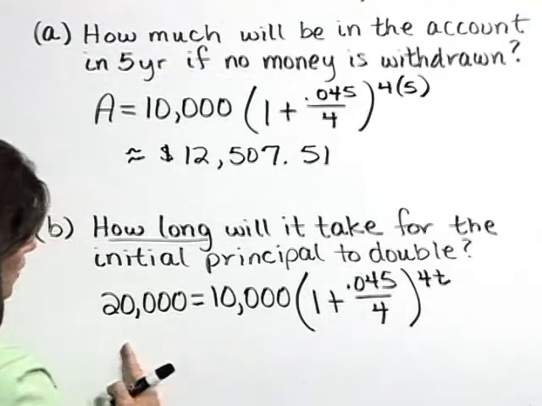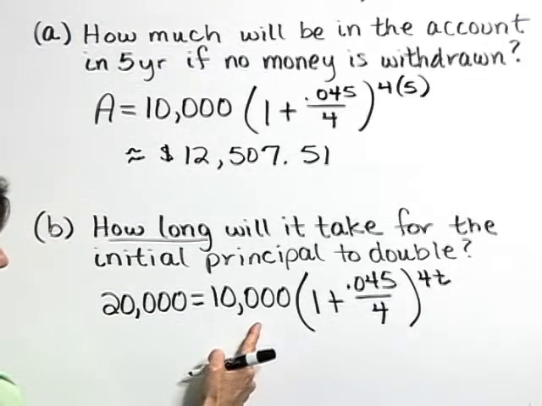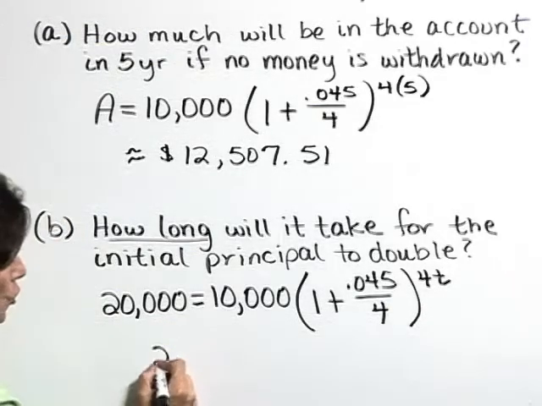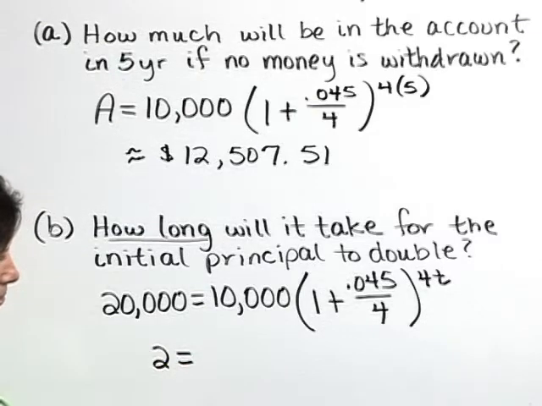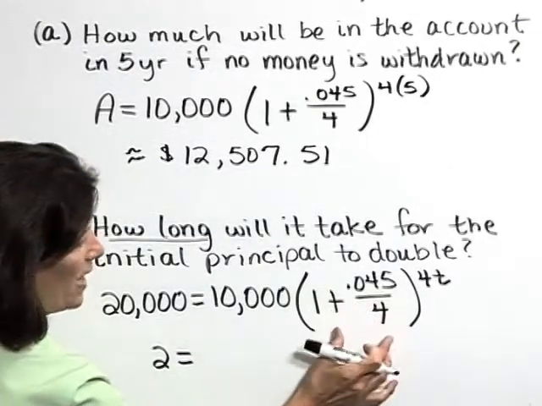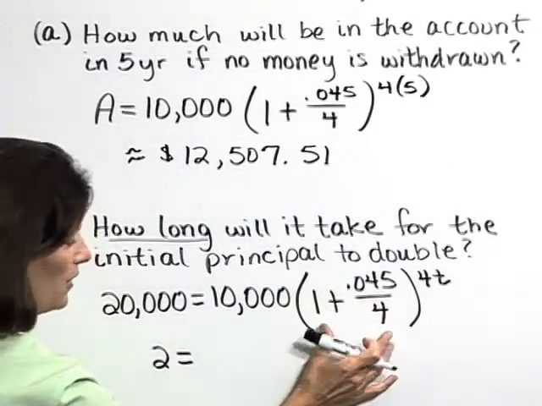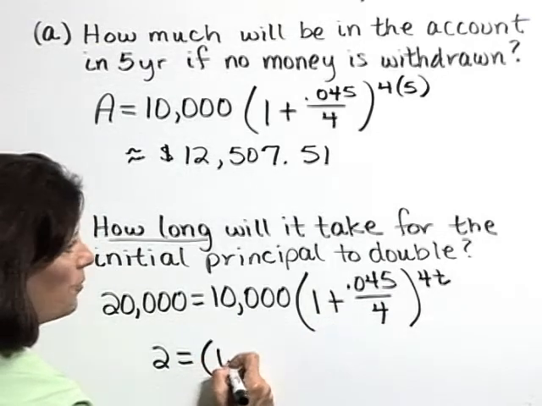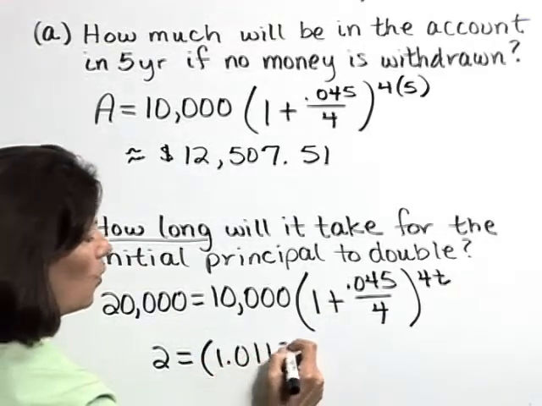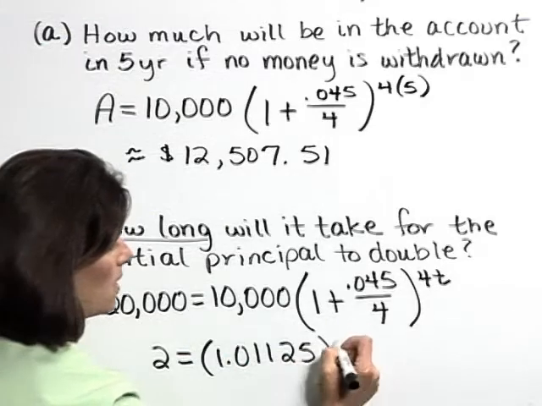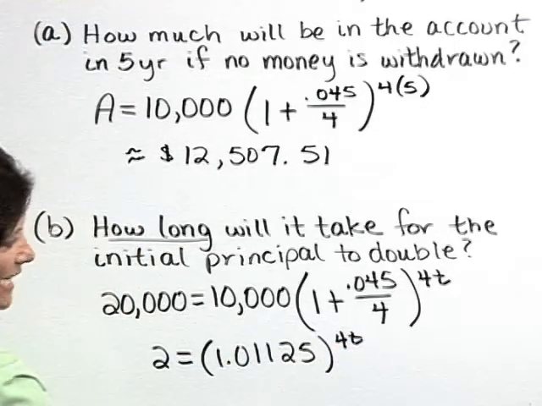Start by dividing both sides by 10,000 so that we have 2 is equal to, if we evaluate this expression in parentheses, 1.01125 raised to the 4t.